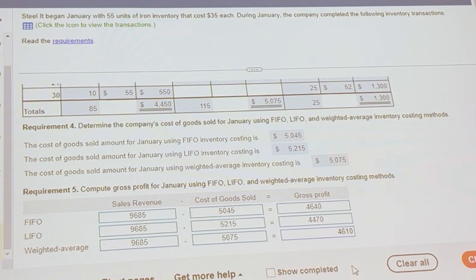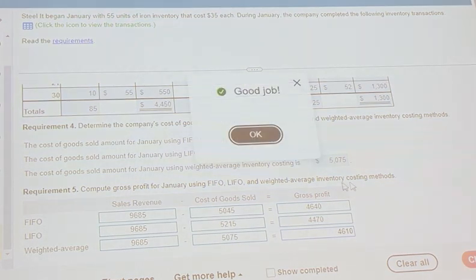So you can see, just like we were saying during the lecture, that gross profit's going to be highest for FIFO, lowest for LIFO, and in between for weighted average. Again, this is assuming that our costs are going up over time. If costs were going down over time, the opposite would be true.